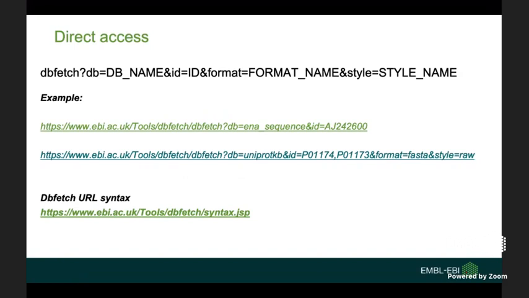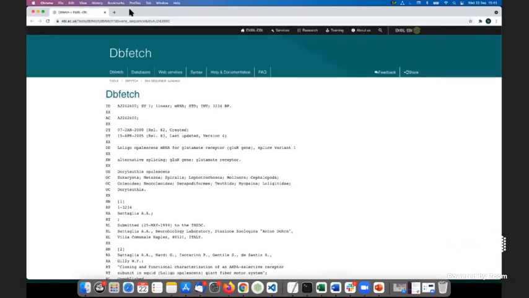If you want to use the DBfetch for direct access, you can make a scripted HTTP request to DBfetch, which is very simple. You just need to specify the database, ID, format, and style if needed as query parameters. That is, each parameter is separated by an ampersand. Like in this example, here you can see the parameters, database and ID, which are separated by ampersand.